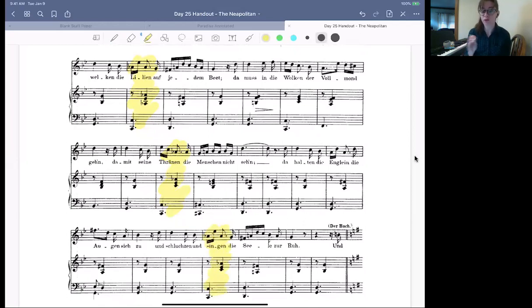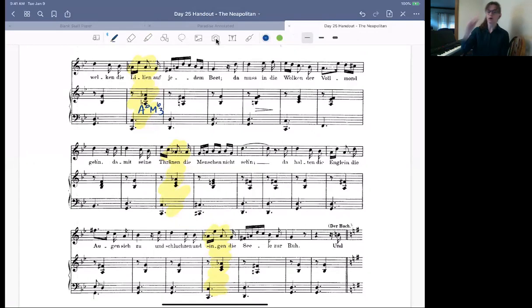So I just want root, quality, and tell me what inversion that harmony is in. They're all the same harmony, so you only have to do this once. Root, quality, and what inversion it's in, and then we'll jump back and talk.